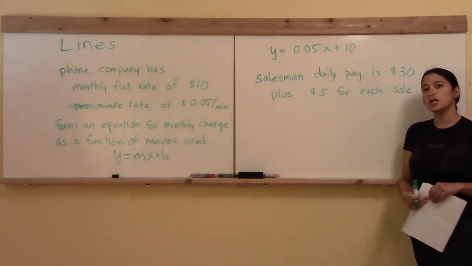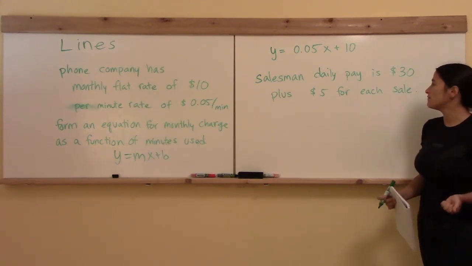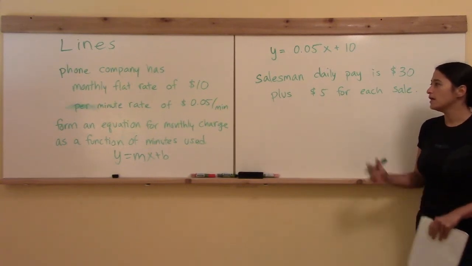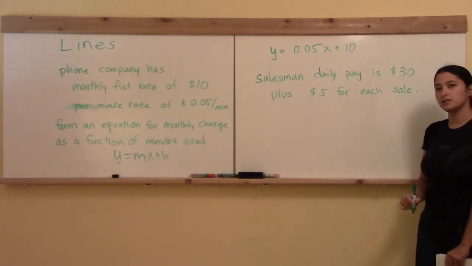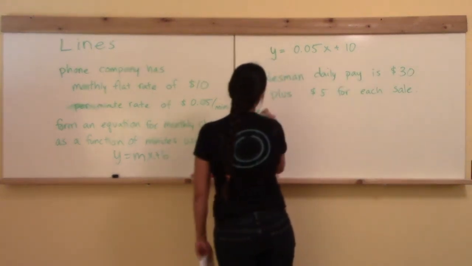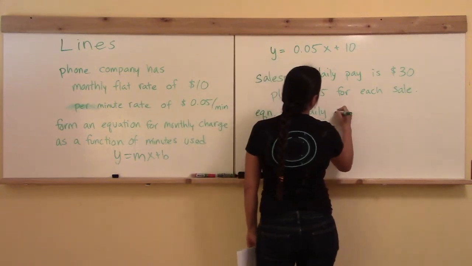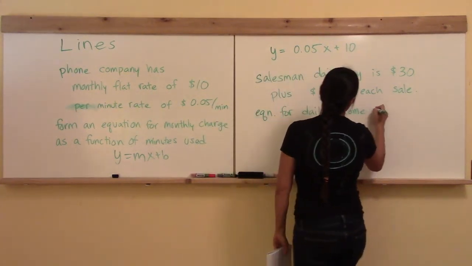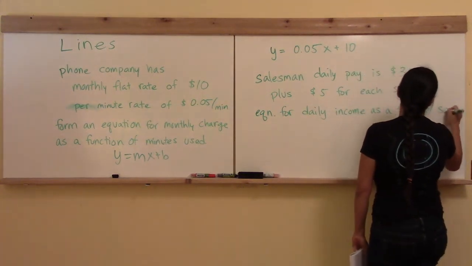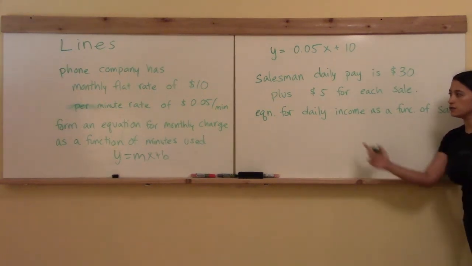I'll be interested to know how much that salesman is going to make as a function of the number of sales he makes. See if you can get that one. I want you to write in y equals mx plus b format the equation for the daily income as a function of the number of sales that he makes. Go ahead and pause the video and try to write down the equation.